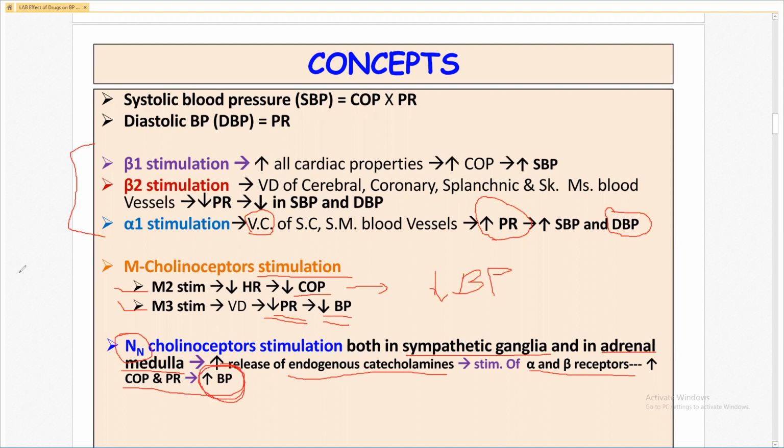So from the cholinergic category, only nicotinic receptor is responsible for the increase in blood pressure.